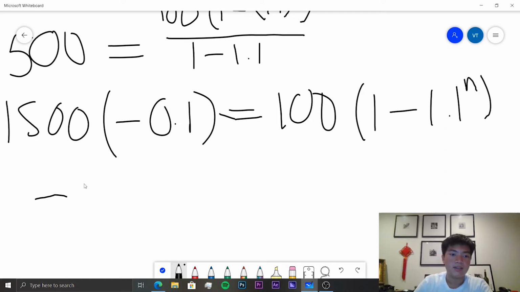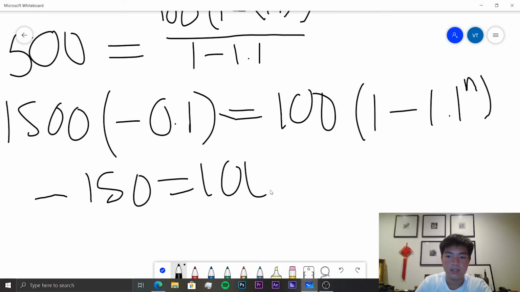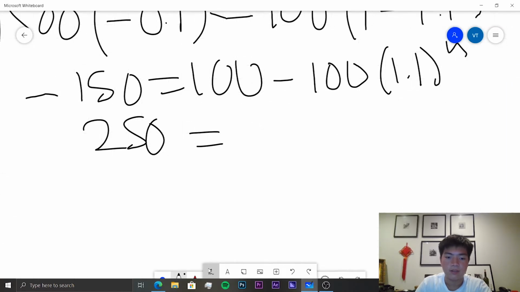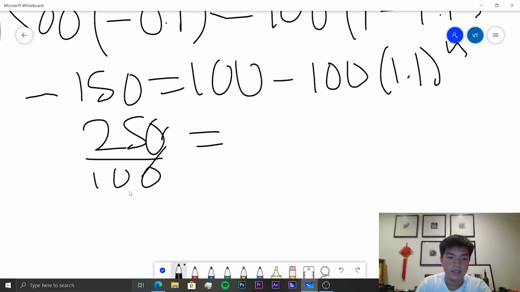So negative 150 is equal to 100 minus 100 times 1.1 to the n. Otherwise, this should be 250 is equal to 100 times 1.1 to the n. 250 divided by 100, which is also just 2.5. So 2.5 is equal to 1.1 to the n.